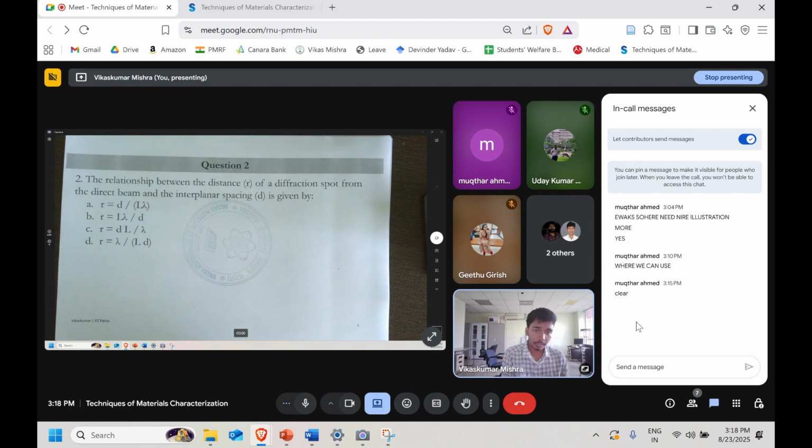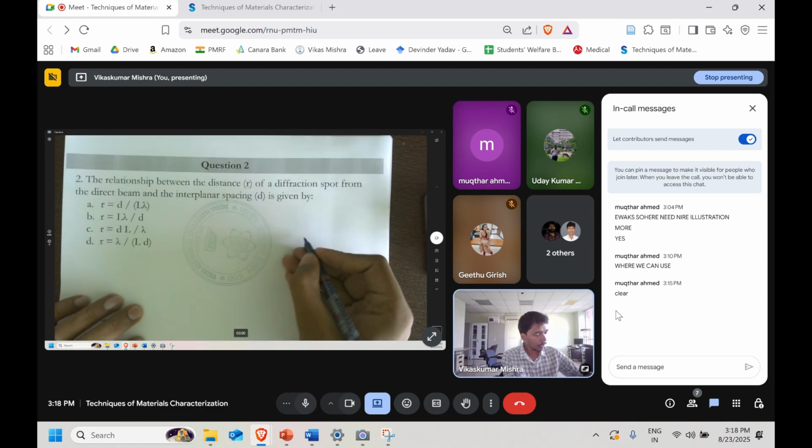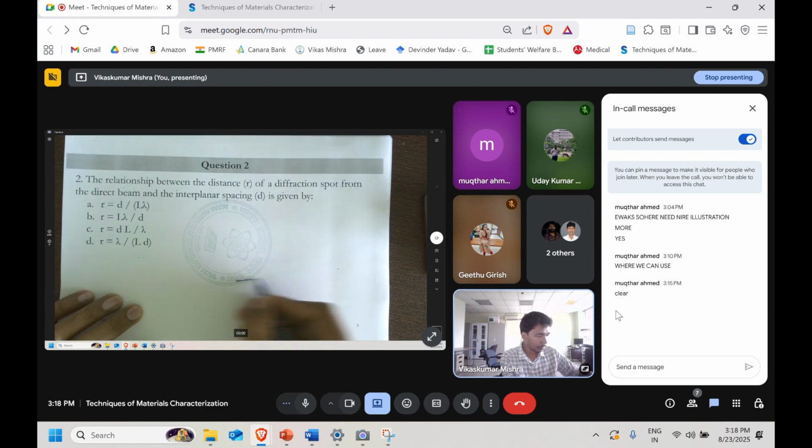This concept was introduced by the professor in the first class of this particular week. So what it says is, let us say this is our plane where we are seeing the diffraction spot.